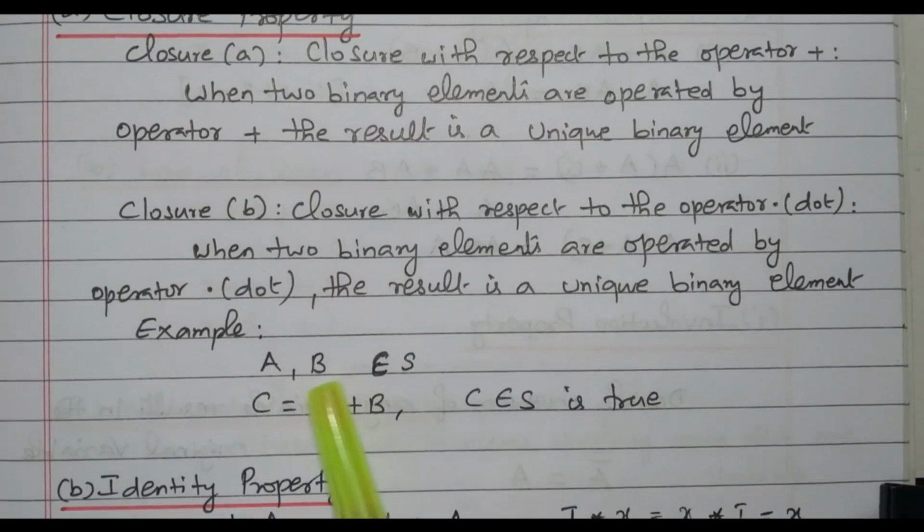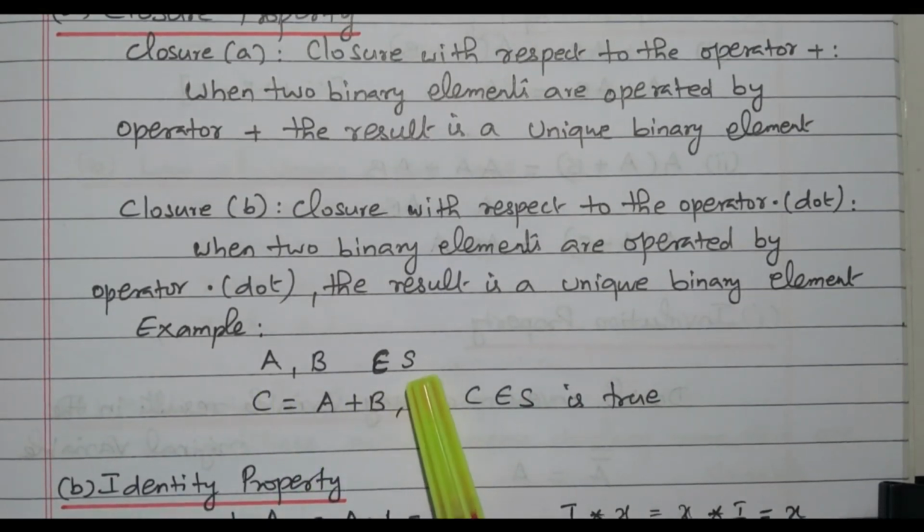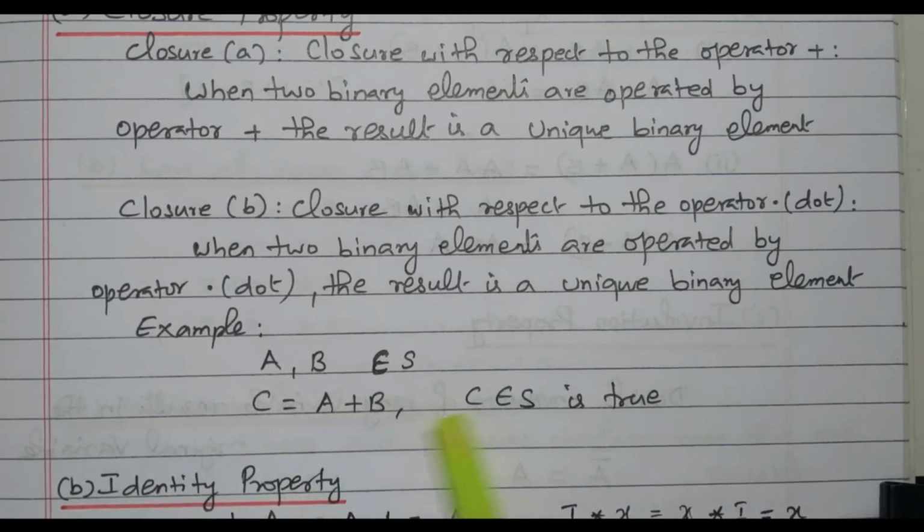A and B are two elements belonging to the set S. C is the result of adding A and B. So if A and B belong to S, the resultant C, from adding A and B, also belongs to S. That is true.